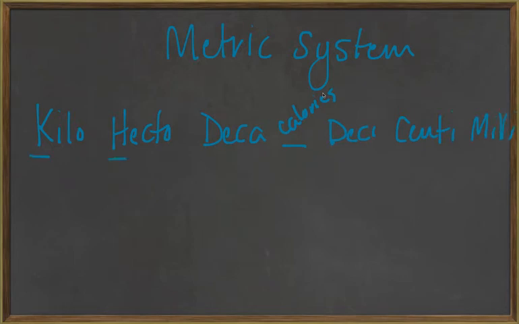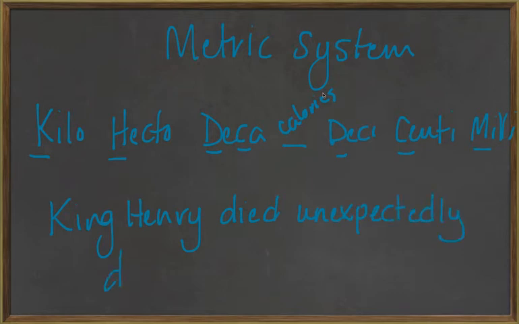K, H, D, C, D, C, M. Good way to remember this, if you haven't ever heard this before, is King Henry died unexpectedly drinking chocolate milk. And it'll help you remember your metric system.